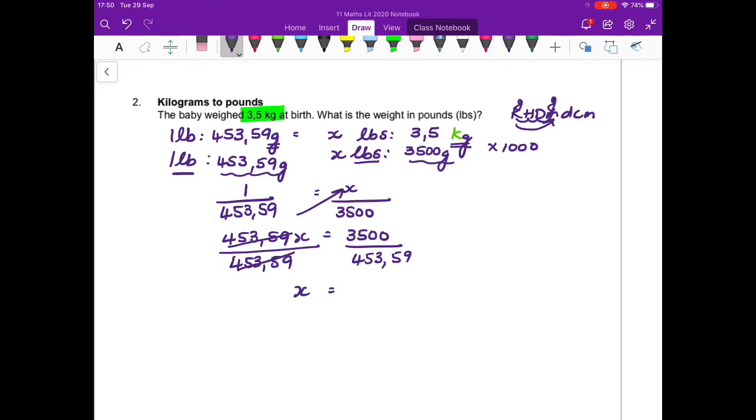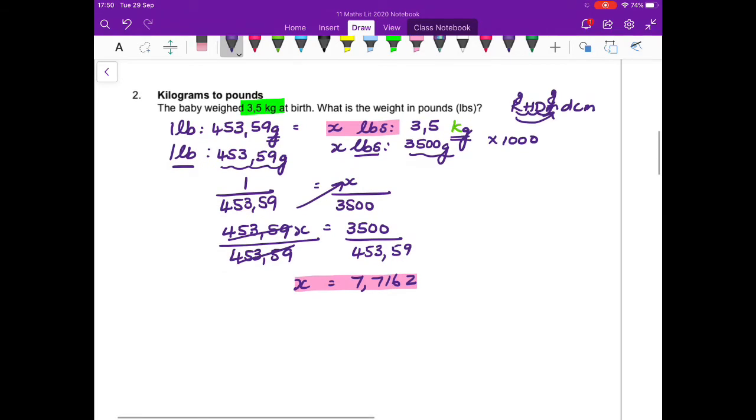X equals, and when I do that on my calculator, I'm going to get 7,7162. I go back and remember, what did x equal? So x was pounds, so that is 7,7162 pounds, and I'm going to round off to 2 decimal places. Mark the spot. Look at the neighbor, 5 or more, let it soar. So it's going to be 7,72 because I must add 1 on there. Pounds. So that baby weighed nearly 8 pounds at birth.